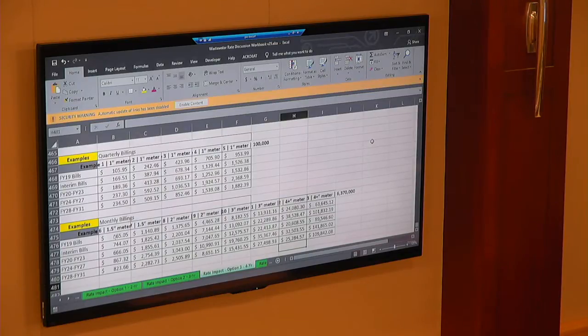So using the current methodology, going from the smallest bill to the largest bill, we're talking about anywhere from $100 a year to $63,000 a year, right? In the largest 4-inch meter. Are you looking at just the top row?